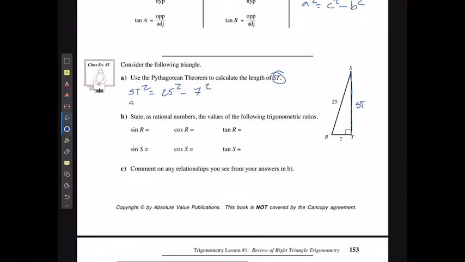Or, ST squared is going to equal 625 minus 49. If ST squared is equal to 576, then I'm going to square root both sides and say that ST is going to equal 24.